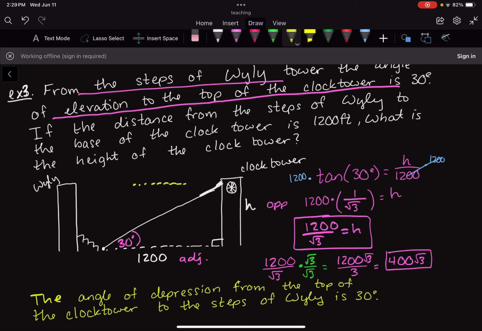Because the angle of depression is not right here. If you put it right there, yes, you'll get the answer incorrect. It should go up here because it needs to touch the horizontal line. And then maybe we would have preferred to draw our triangle this way.